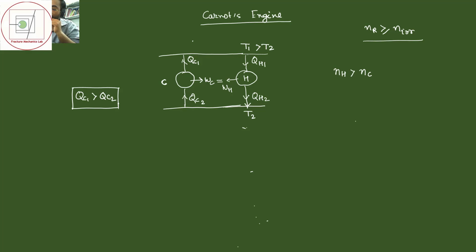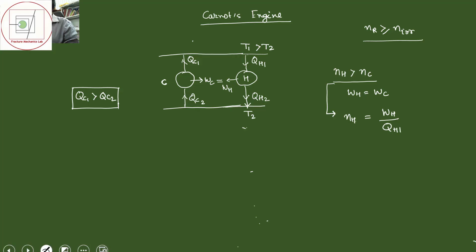So we are saying that WH is equal to WC. Now let us look at this thing from which we started. What is eta H? Eta H is the efficiency of the hypothetical engine, which is equal to the work the hypothetical engine produces divided by the heat input, which is QH1.